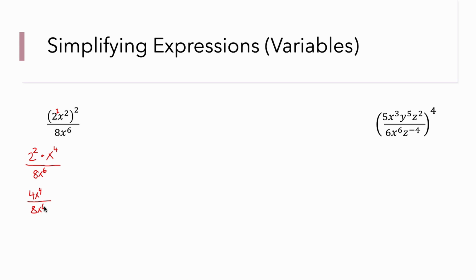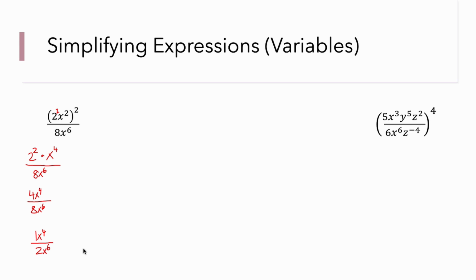Now, when I see two constants that have a GCF greater than 1, I will just simplify those because, well, it's part of the simplification process. So we can simplify this to 1x to the 4th over 2x to the 6th. Okay?